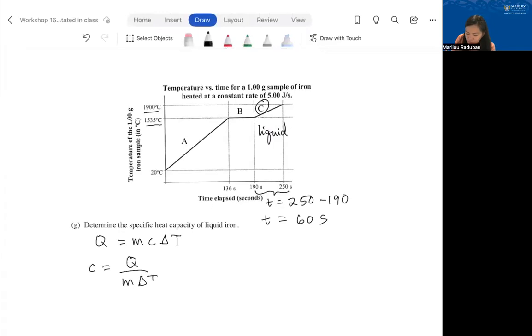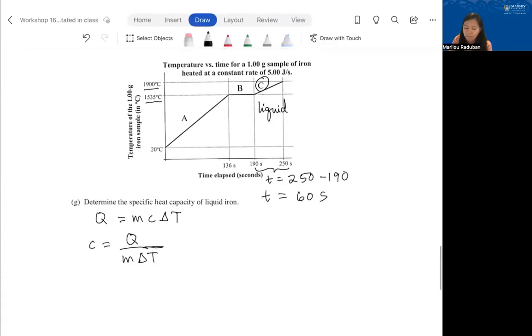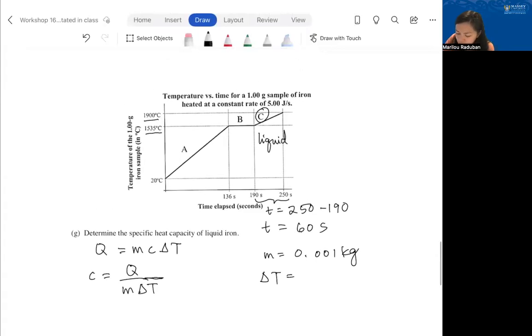And so to find c, we need to figure out Q, and then divide that Q by mass times delta T. So mass, it's the same iron, so it's still the same mass, 0.001 kilograms. Delta T: we're looking at region C, liquid iron.